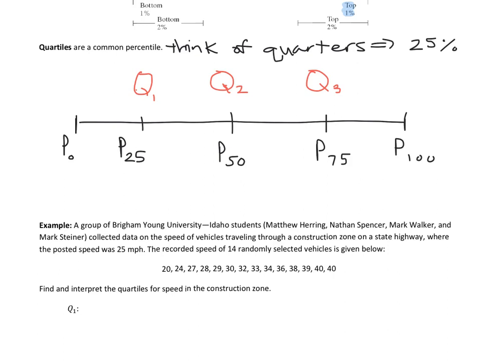We also have another name for Q2 because it's the physical middle, right? 50% is below, 50% is above. P sub 50, quartile 2, is also the median. So how we're getting these quartiles is really similar to how we found the median. We put the data in ascending order, and then we find the physical middle.